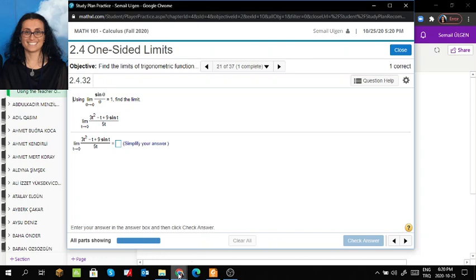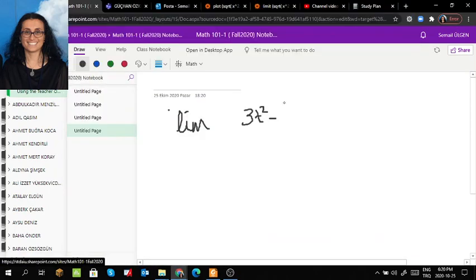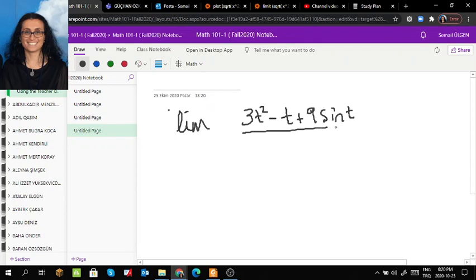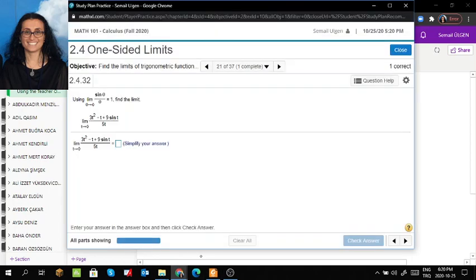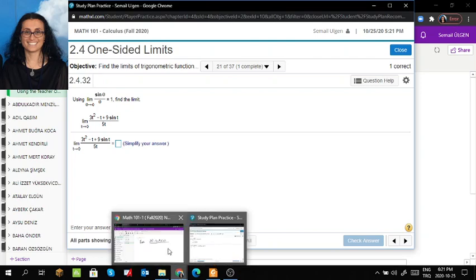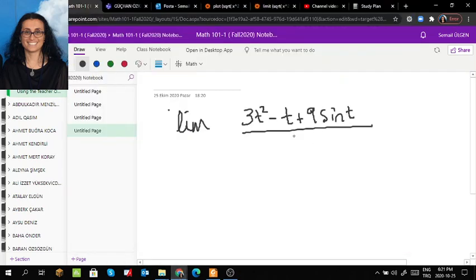Minus t plus 9 sine t over what is that? 5t, 5t, okay? 5t, t goes to 0. So this is going to be equal to limit t goes to 0, okay?